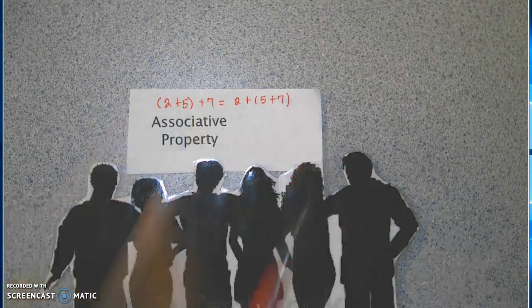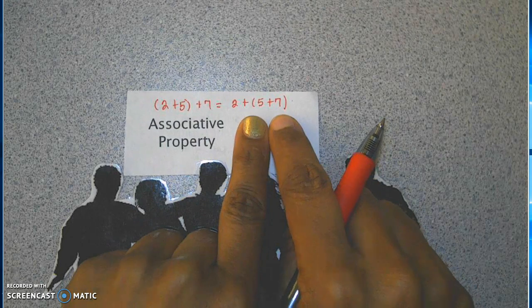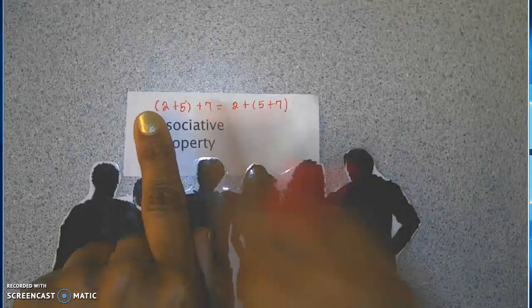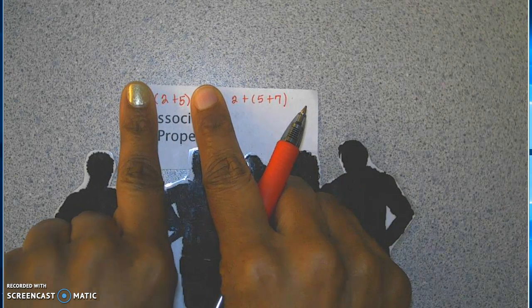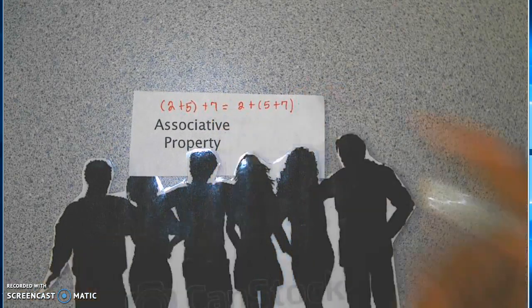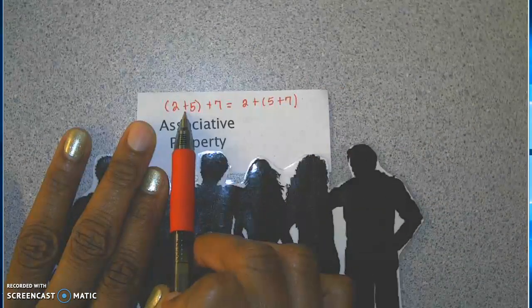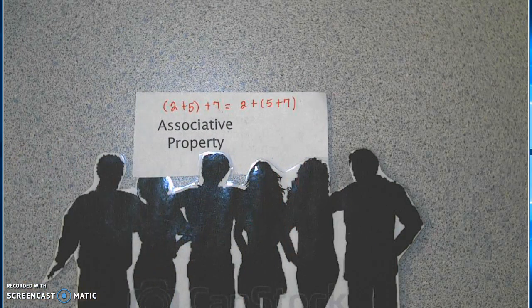At first, 2 was hanging out with 5, and now 5 is hanging out with 7. So the grouping has changed. It's gone from 2 and 5 being together to now 5 and 7 being together. The numbers are in the same order, 2, 5, 7. The numbers don't move. In the associative property, the parentheses move, not the numbers.